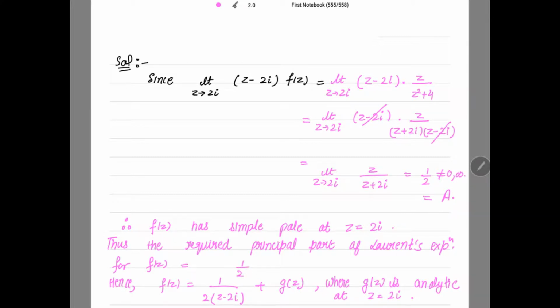A over z minus z naught, that is z minus z naught is 2i. So this is your answer, right? Hence f(z) is equal to 1 over 2(z minus 2i) plus g(z), where g(z) is analytic at z equal to 2i.